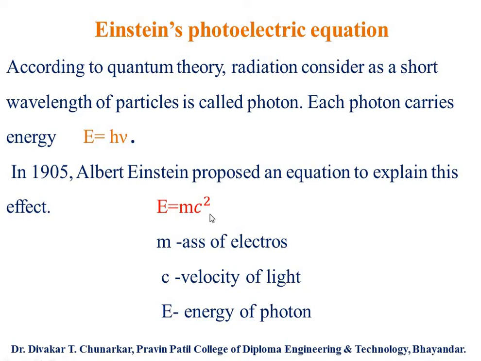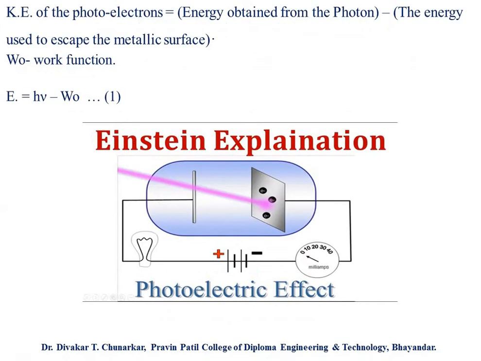Here m is the mass of electrons, c is the velocity of light, and E is the energy of photon. Kinetic energy of photoelectrons equals the energy obtained from the photon minus the energy used to escape the metallic surface. W0 is the work function.